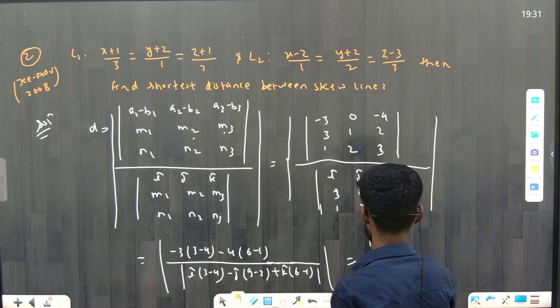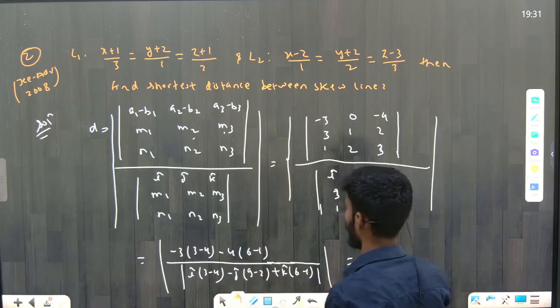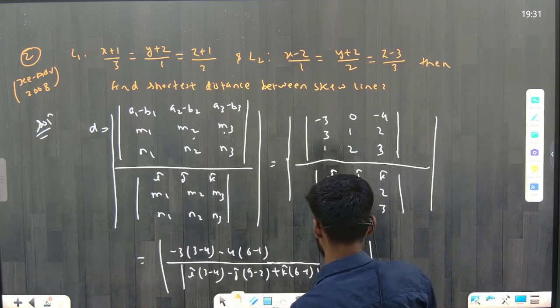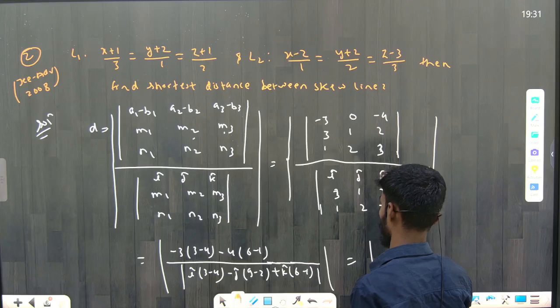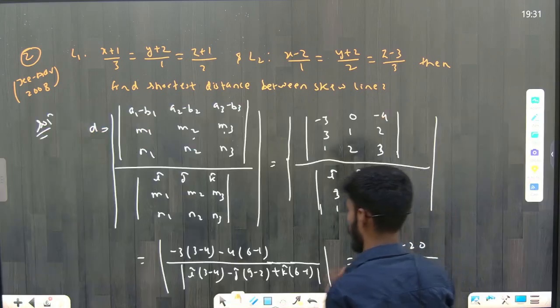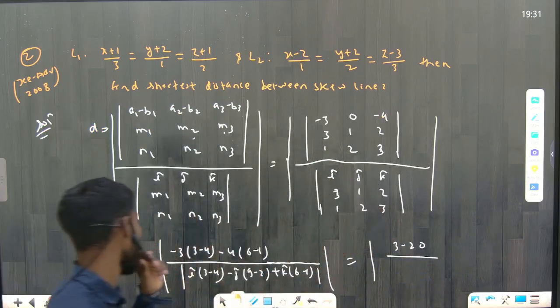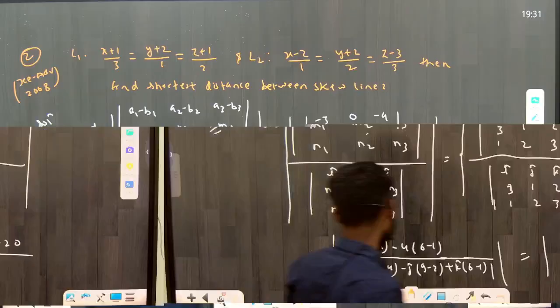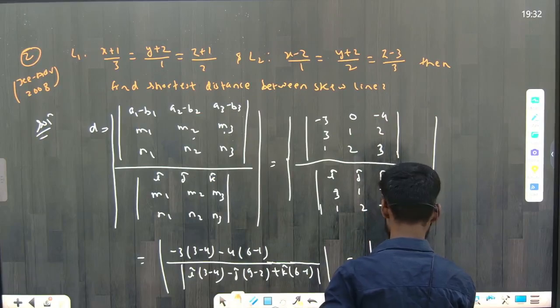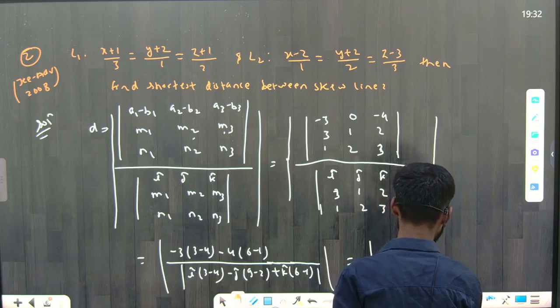Then what is the value? 3 minus 20. And another, this takes the modulus value, the magnitude of this vector. So this is minus i cap, minus 7 j cap, plus 5 k cap.